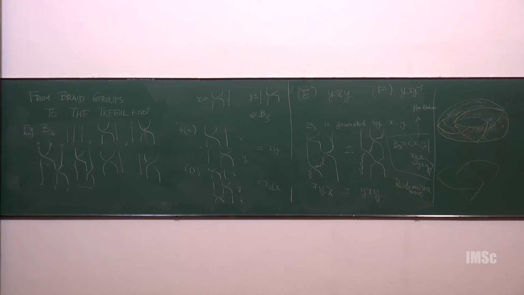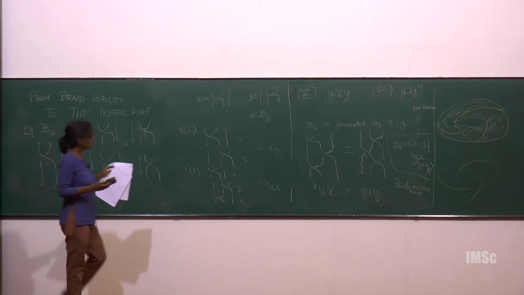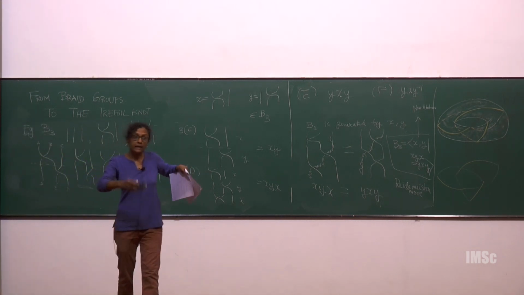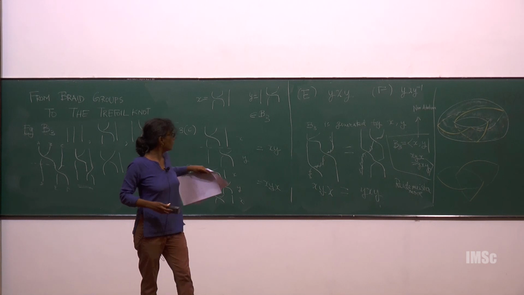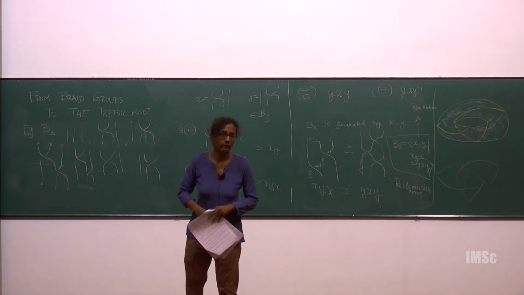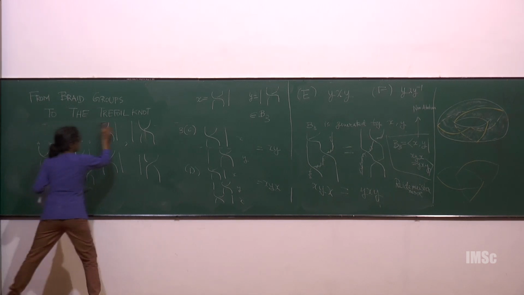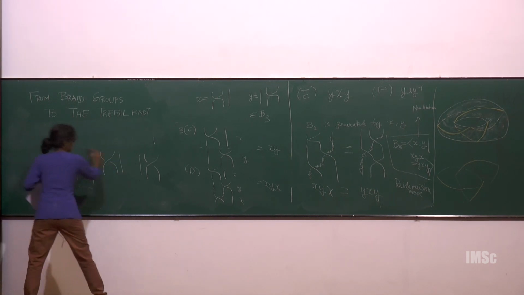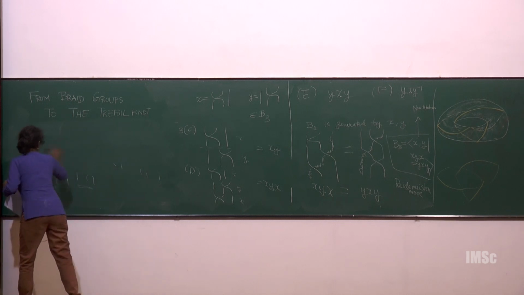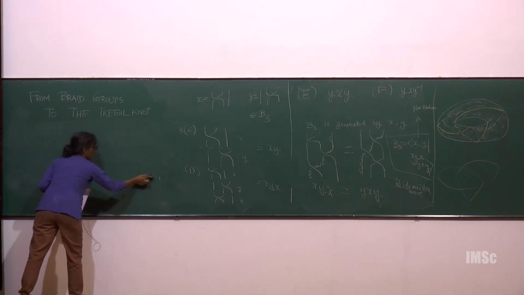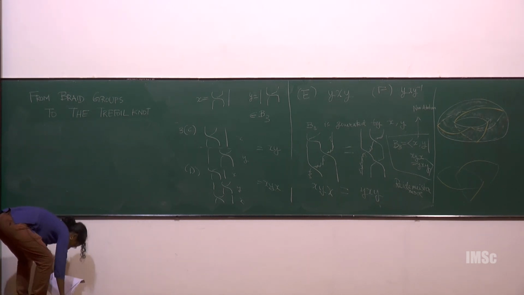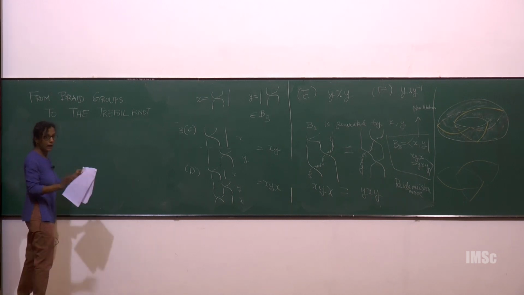Okay, so let's move on from here. In the next part of the talk, we are going to define this braid group in a completely different way. Okay, so let's get started. Where are we headed?